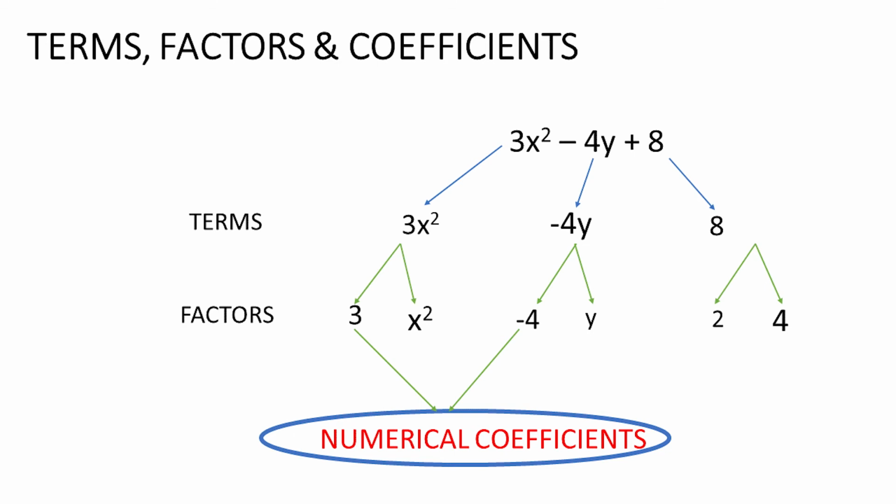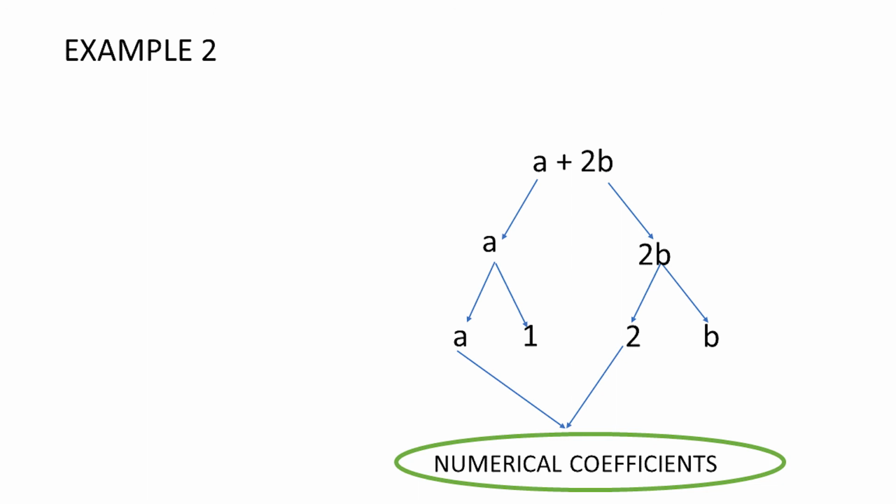Let's take one more example. We have a plus 2b. This is called an algebraic expression. It's a binomial. The two terms are a and 2b. Now the term a is made up of factors. For a, there is no numerical coefficient written. So which number is there?